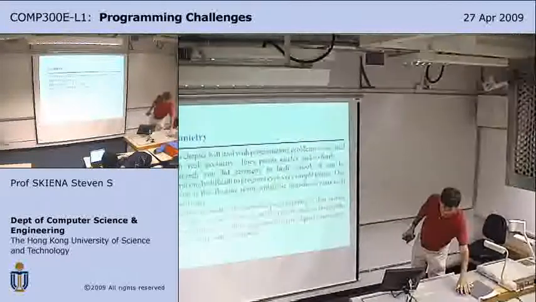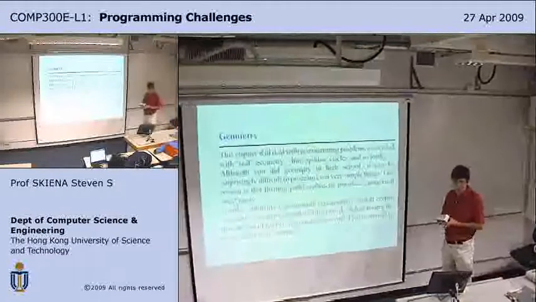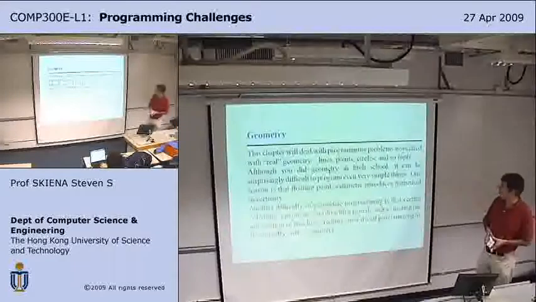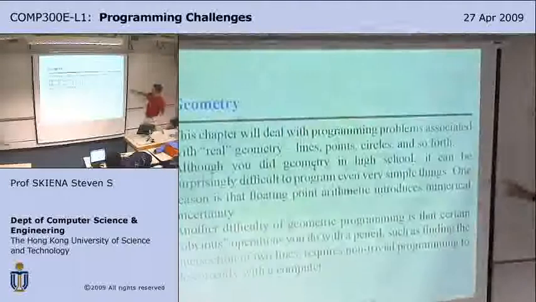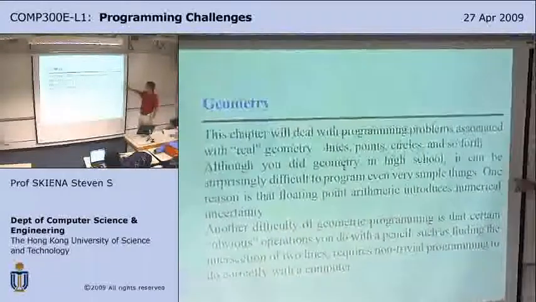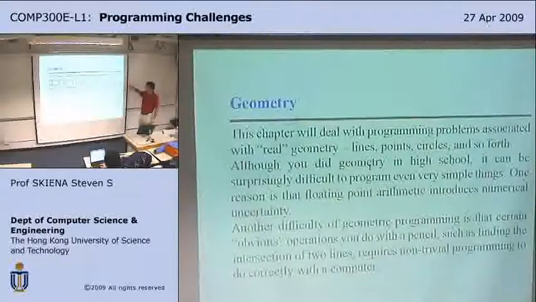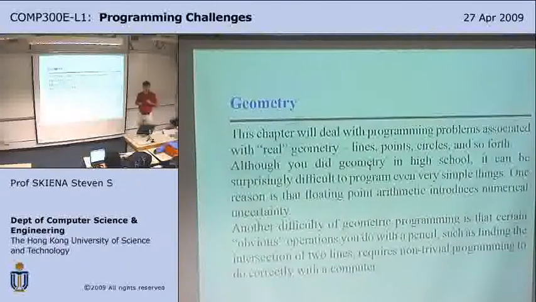One problem is this issue of degeneracy, which I'll talk about. Another problem is that geometric computations tend to be floating point computations, and floating point computations produce numerical problems. So that's one complication.